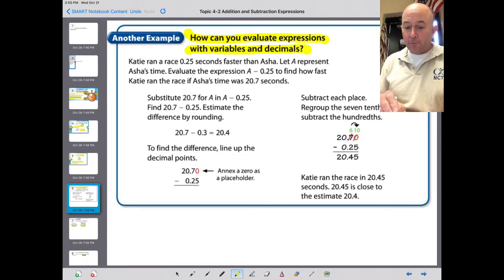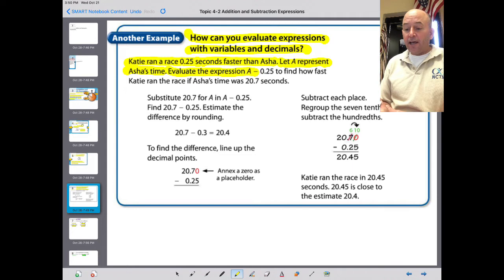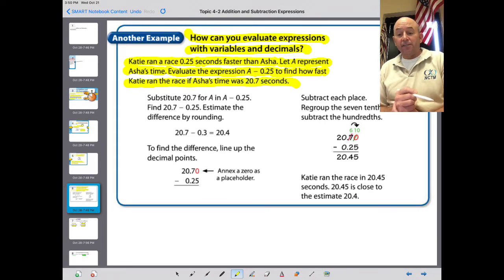And then the example problem is, Kate ran a race 2/10 seconds faster than Asha. Let A represent Asha's time. Evaluate the expression A minus 2/10 to find how fast Kate ran the race if Asha's time was 20 7/10.